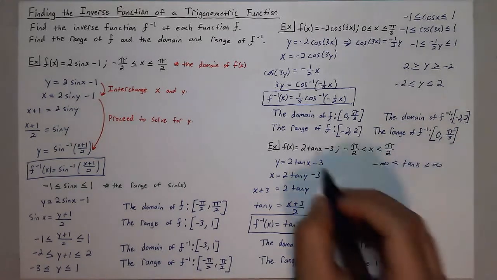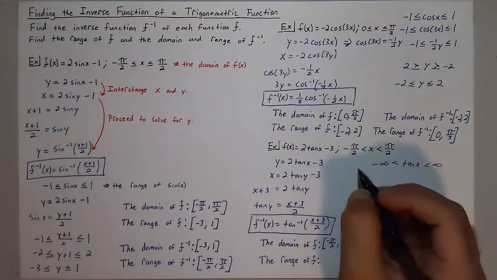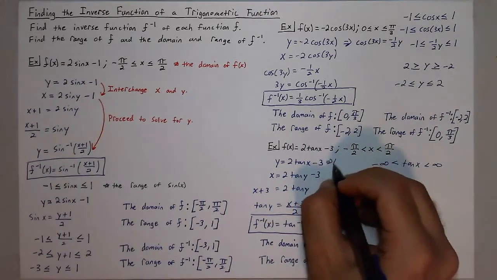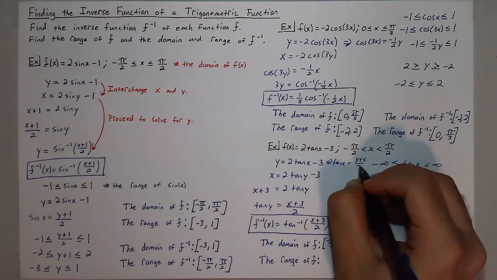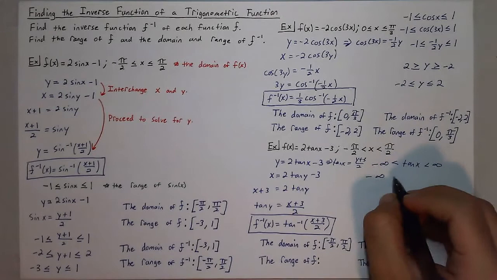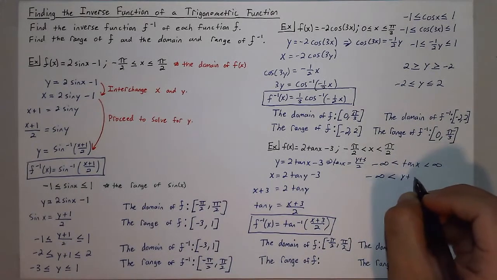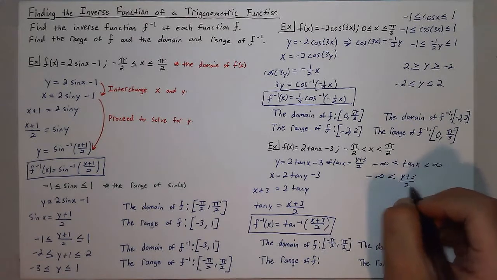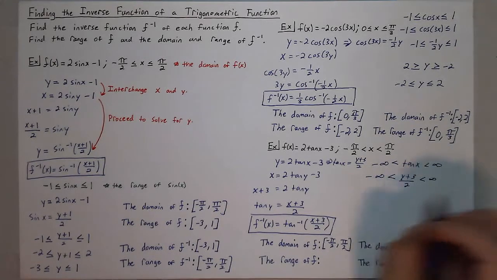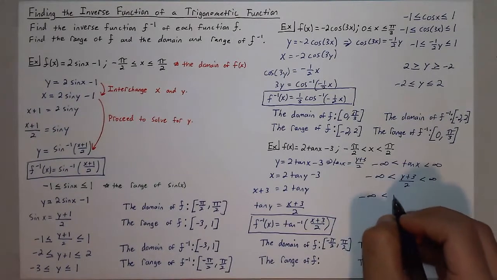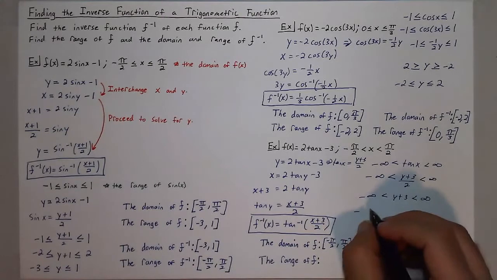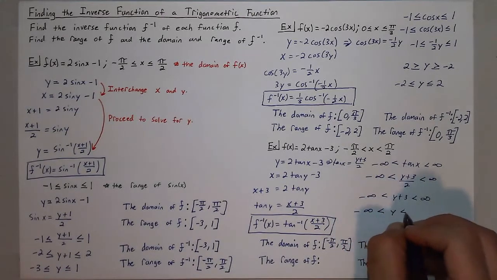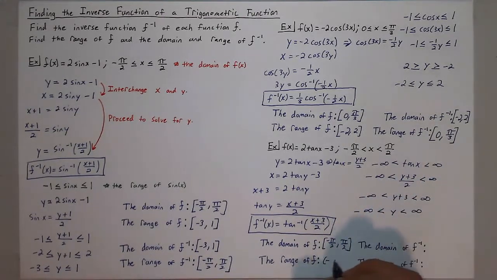So even if I solve for tangent here, which would tell me that tangent of x is equal to y plus 3 over 2, because I'm dealing with infinity, when I multiply by 2 to get rid of that, the infinities don't change. And when I subtract by 3, those are still infinity. So my range just remains negative infinity to infinity.